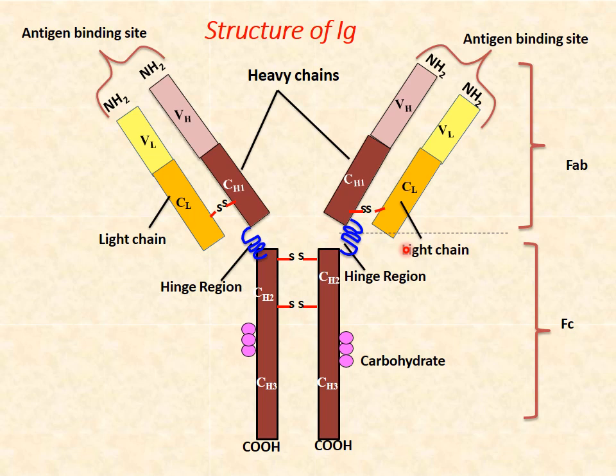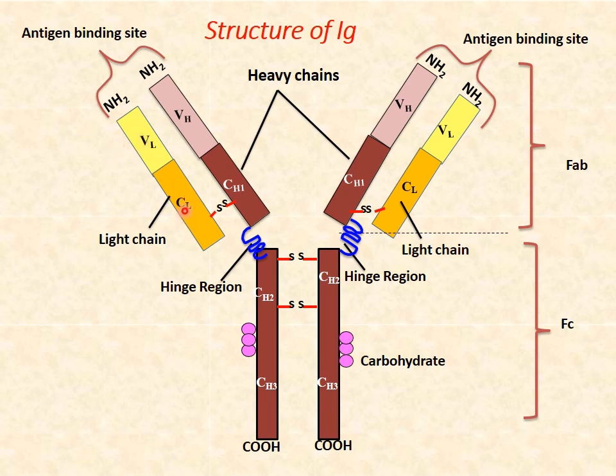Now, like any polypeptide chain, it also has 2 terminals, that is one N terminal or amino terminal and another carboxy terminal or C terminal. It is divided into 2 regions, variable region and constant region.